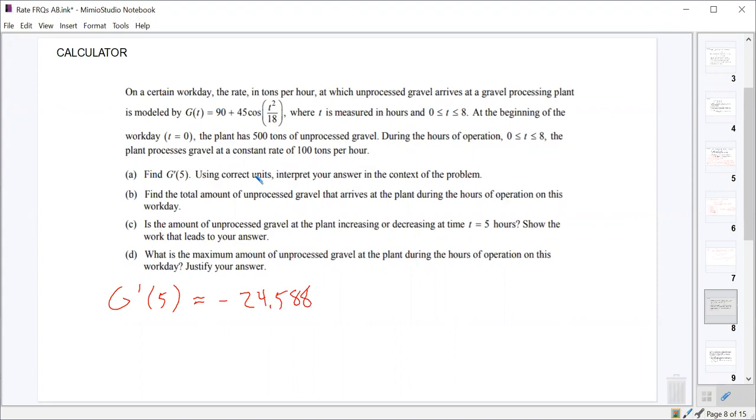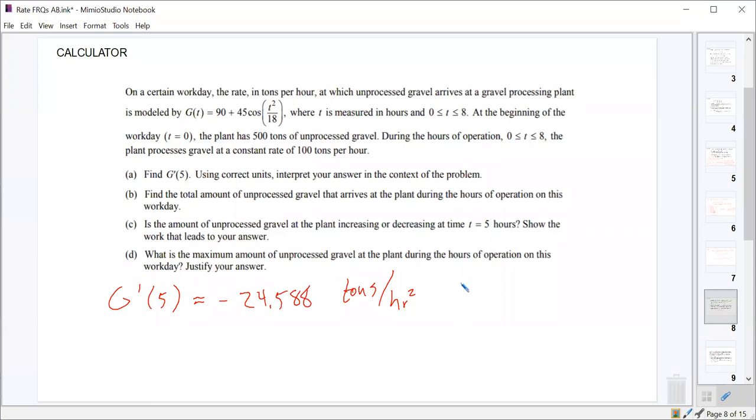And using correct units, interpret your answer in the context of the problem. So this is the derivative of G. G was what? The rate in tons per hour. And so T is in hours. So this is tons per hour squared.